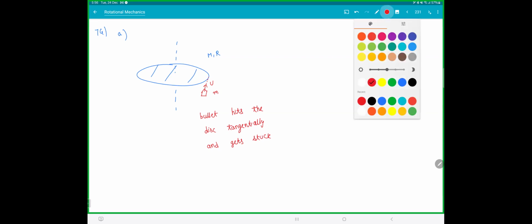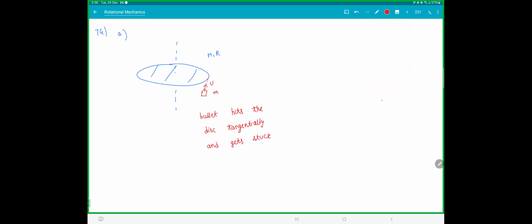Find omega final. Mass is not same, capital M and small m.